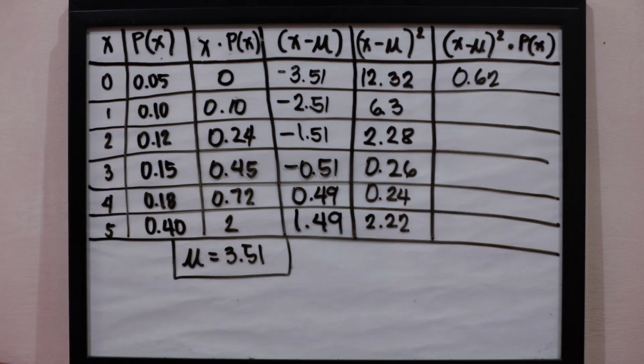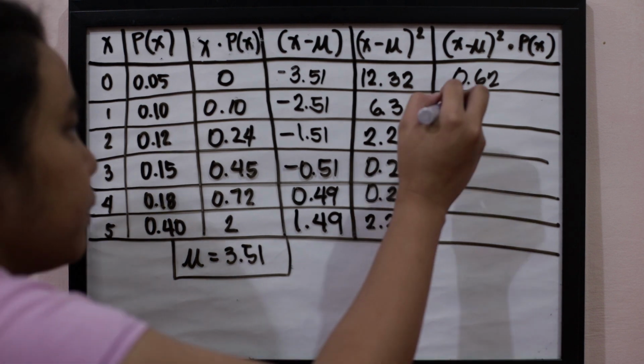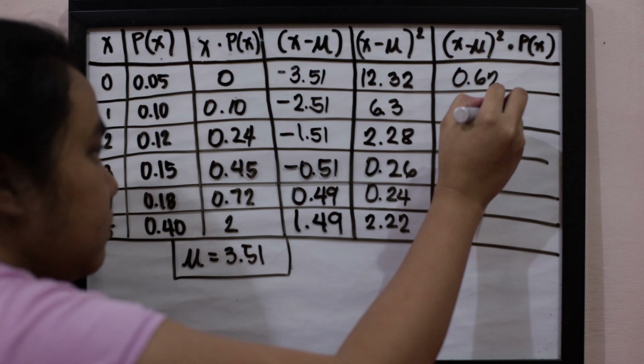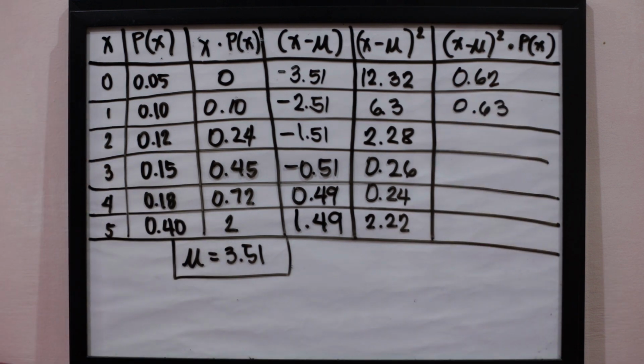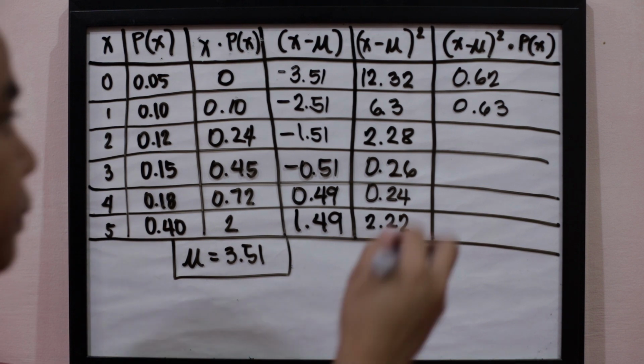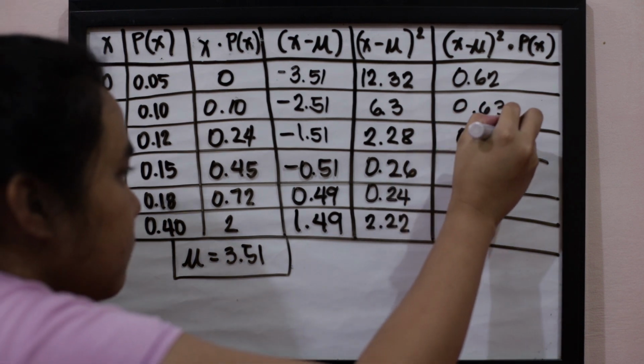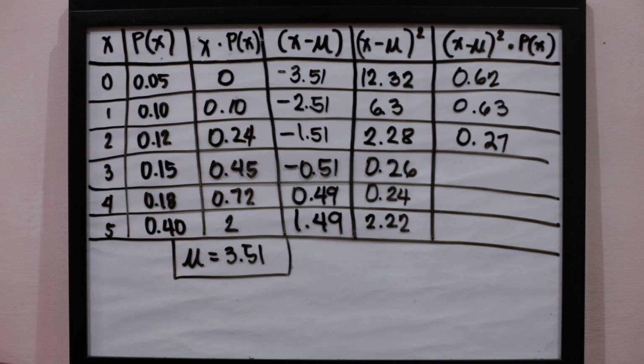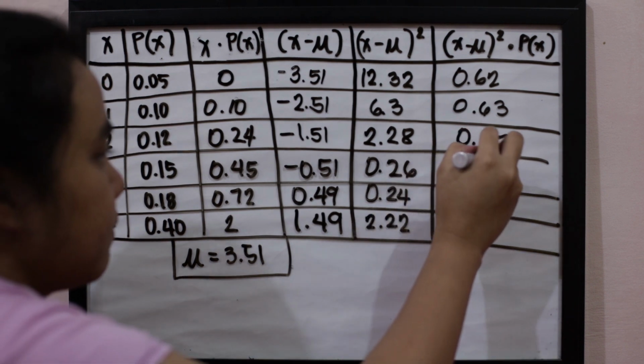Next, 0.10 multiplied by 6.3, the answer is 0.63. Then 0.12 multiplied by 2.28, the answer is 0.27. And then 0.26 multiplied by 0.15, the answer is 0.04.